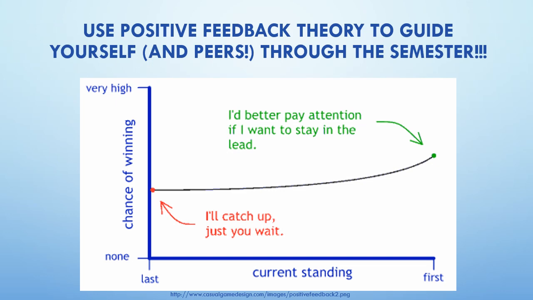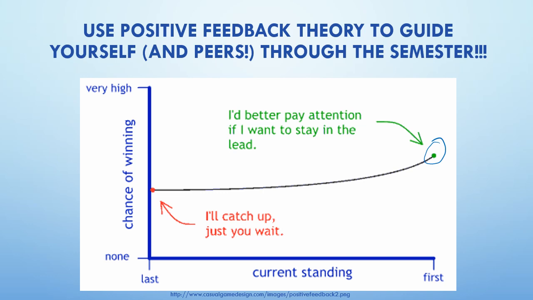Positive feedback, in a sense, you can utilize for making sure that you get a good grade. When we're looking at the process through the class itself, you're looking at your grade and at what you're looking for in terms of your grade, and you're wanting to be the first in the class, so to speak.